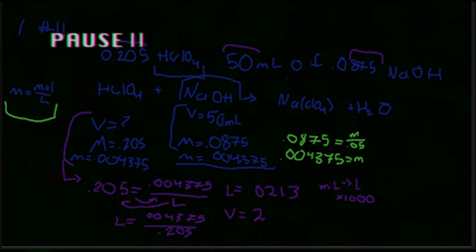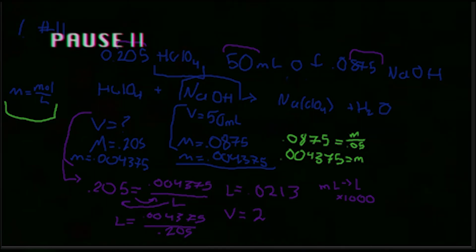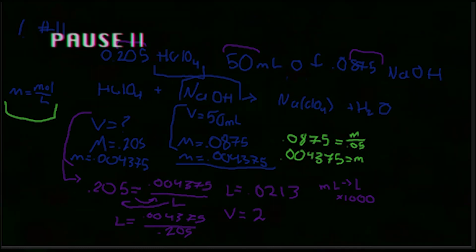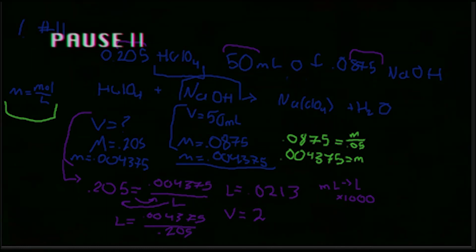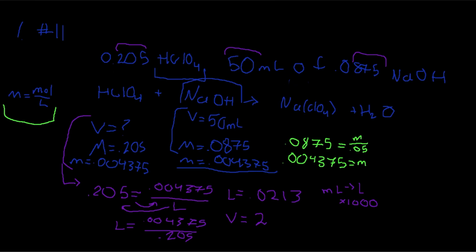But we were going liters to milliliters, which is multiplying by 1,000, but I got the terms wrong. Just remember, milliliters to liters, divide by 1,000; liters to milliliters, multiply by 1,000. So multiply that by 1,000, you end up getting 21.3 milliliters for your answer. There you go.